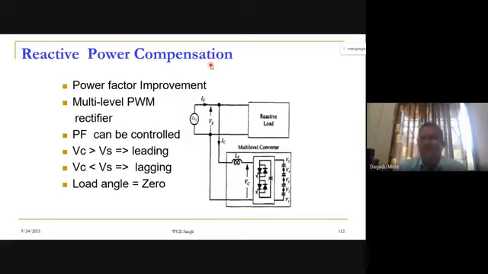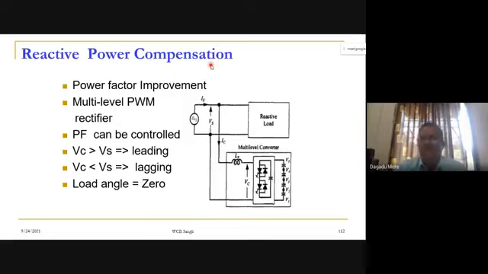A general term, multi-level converter means PWM converter, PWM inverter, or PWM rectifier. So here we can use a multi-level PWM rectifier, and we have discussed already that a PWM rectifier can work at unity power factor, leading power factor and lagging power factor.